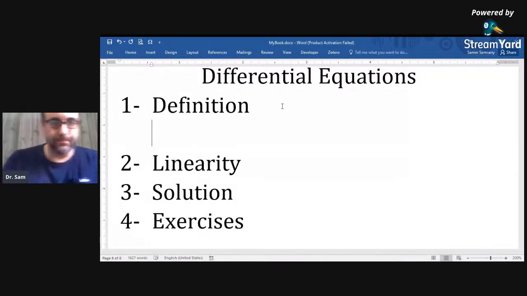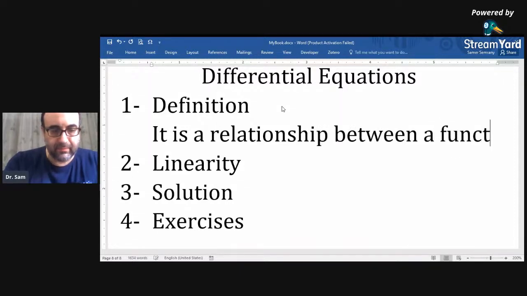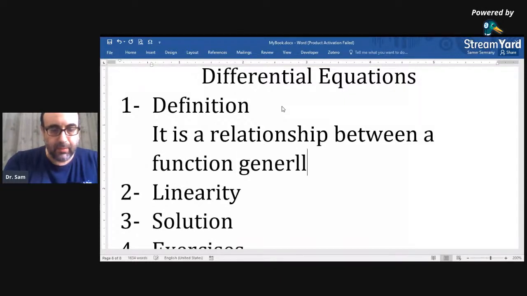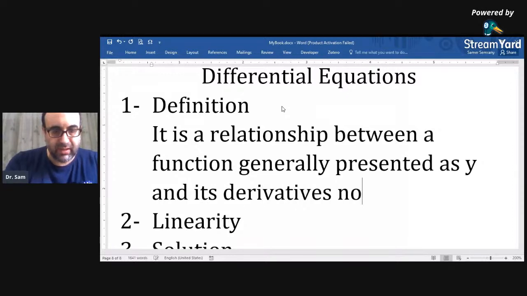So by definition, a differential equation is a relationship between a function, generally presented as y, and its derivatives, noted as y prime, y double prime.